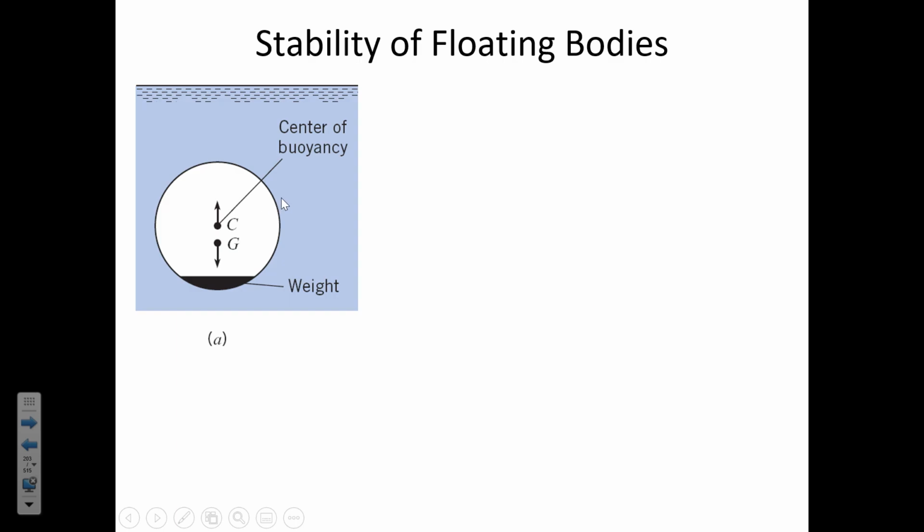Now, let's consider this case. We've got some sort of a submerged body that if we let go of it, it could float to the surface. And so it's either under the water surface or up at the top. It would have the same effect as far as stability. But what's important here is we're looking at a cross section.